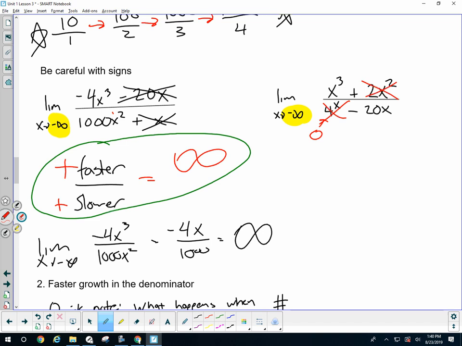It is faster over slower because we have an x cubed and a 20x. But positive over negative. Or negative over positive, or positive over positive. Figure it out.